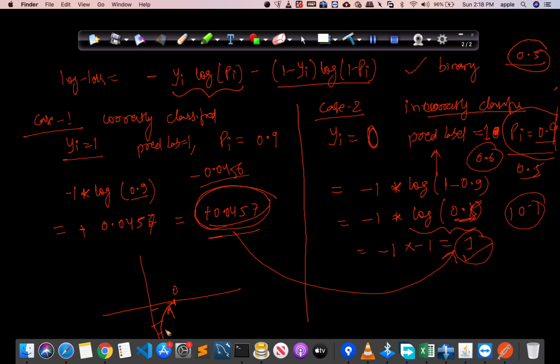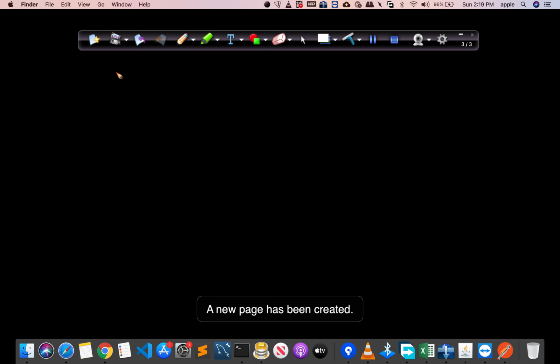So the closer we reach 1, the smaller this particular value. And if you make a mistake, then you will reach this particular part and this will be 1 minus this. So even if you have a lower probability, 1 minus pi will become very high. So that is the problem with this, and this is how log loss helps us to train.